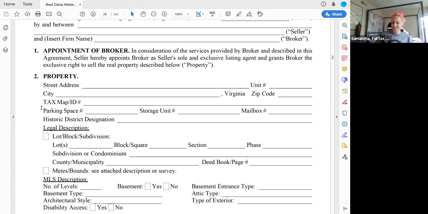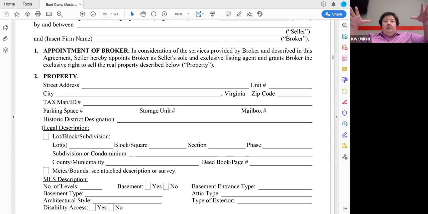So now, in subdivisions and areas where there's growth and buildup of homes and we're in close proximity to each other, we're going to use the legal description here, which is the lot, block, and subdivision. Okay, down here, the metes and bounds, it says see attached description or a survey.